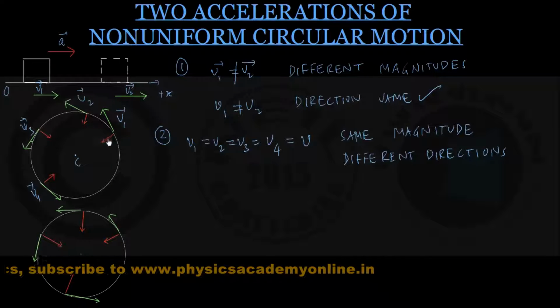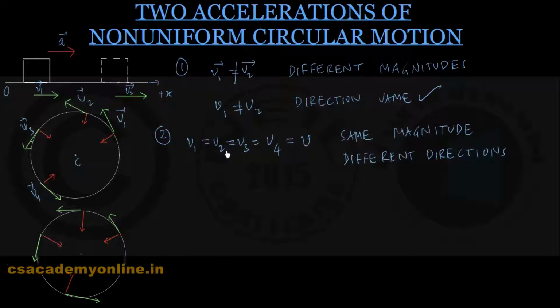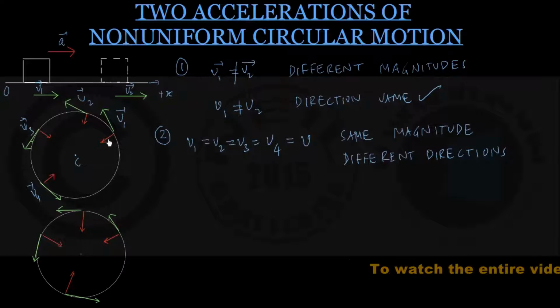Look at these red arrows here. They are standing for the corresponding acceleration, because v is changing, and that's because of the change in direction. Here is an unusual case where the magnitude remains the same, but direction was changing, and because of the change in direction, the velocity vector was changing. And if the v vector is changing, acceleration must be there.